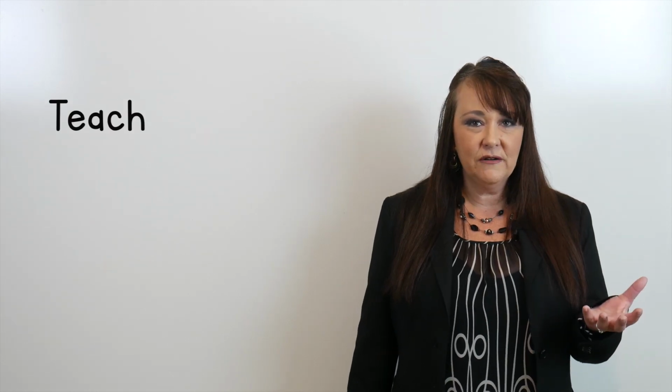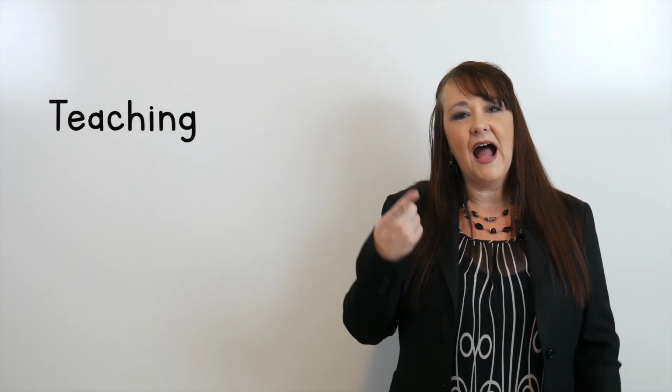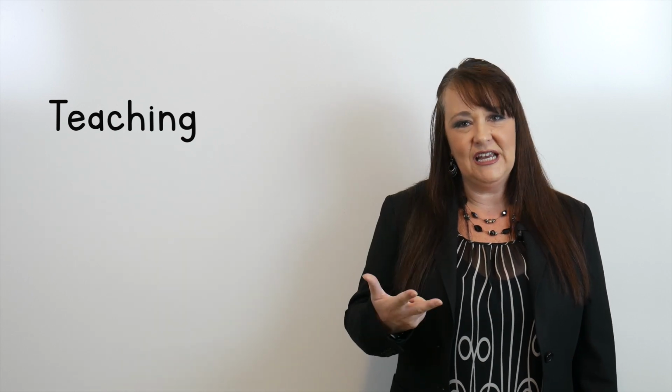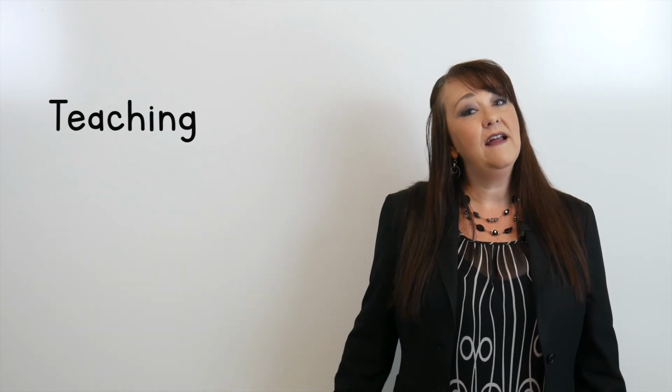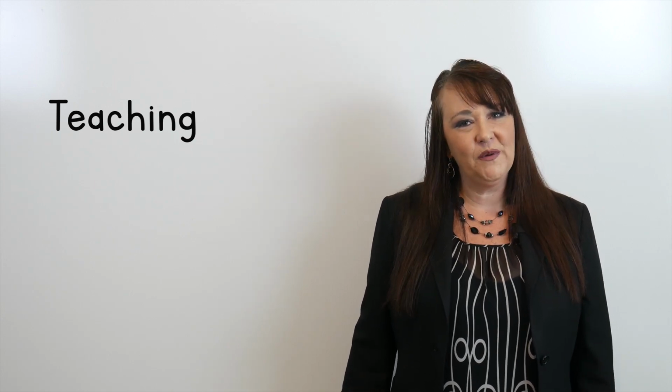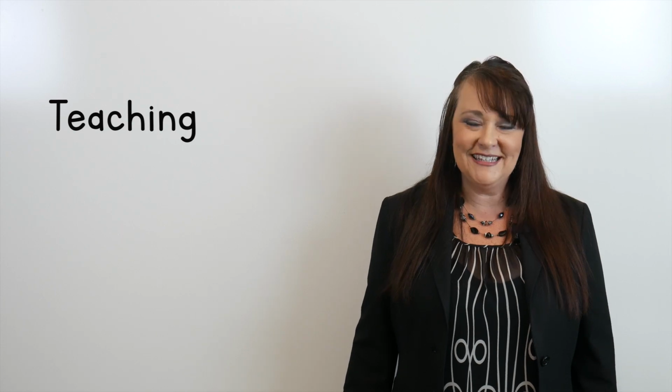To make a verb into the present continuous, you add 3 letters to the end of the verb. Teach, ing, I-N-G. We add ing to the end of the base verb to make the verb present continuous. Let's go ahead and look at the grammar structure, and I think you'll understand even more.